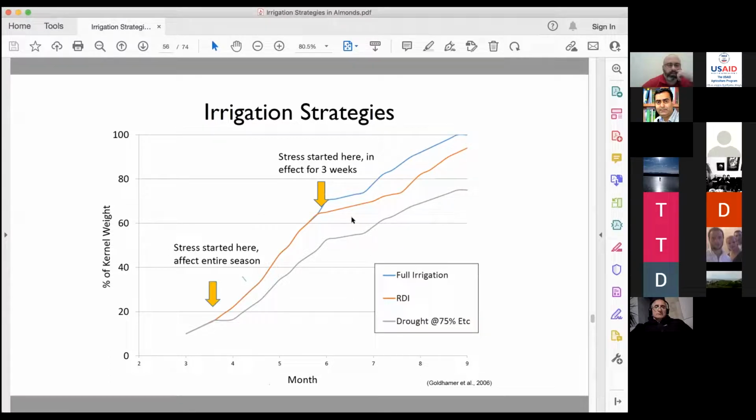So the idea is that if you want to save on water, you can save on some water during the hull split. And it's not just about saving water. It is also to decrease issues like hull rot. And I have a slide talking about that.